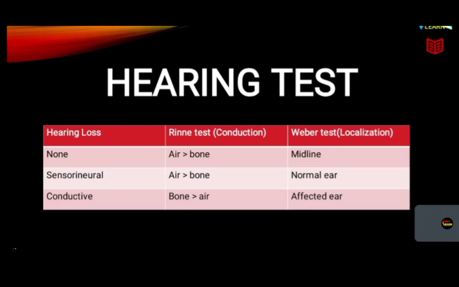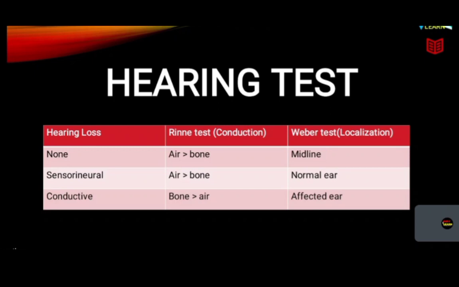If Weber's lateralizes to the right, that means the right likely has a conductive hearing loss. But the Rinne's test will now confirm it for us. There is a negative Rinne's test on the right side, and we said that a negative Rinne's test is conductive hearing loss. So that is confirmed. This patient has a right conductive deafness.